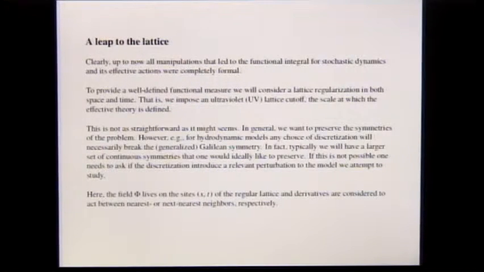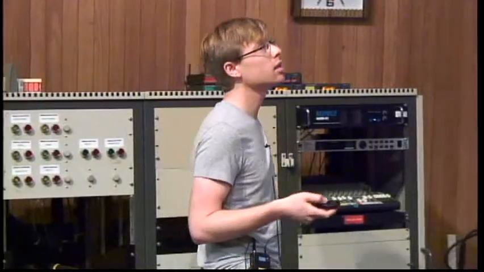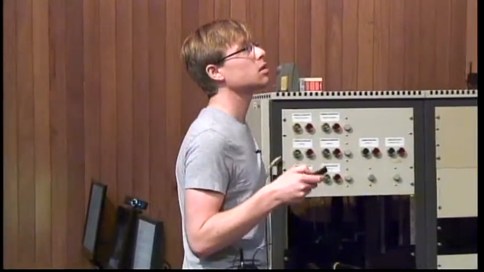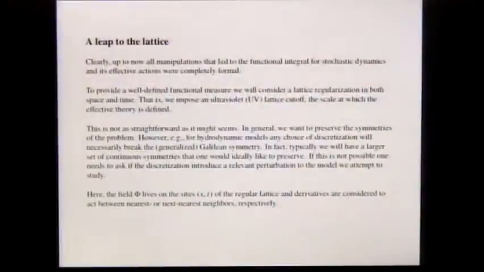So we'll now leap forward onto a lattice definition of this theory. Up to now, everything that I've said is completely formal. So of course, we want to give these words somewhat of a meaning. So in this sense, I will define the fields on a regular hypercubic lattice.